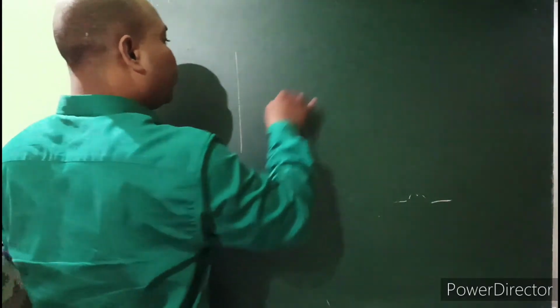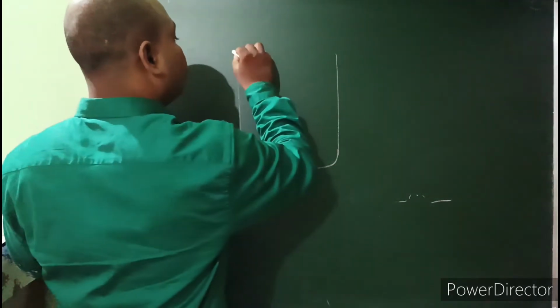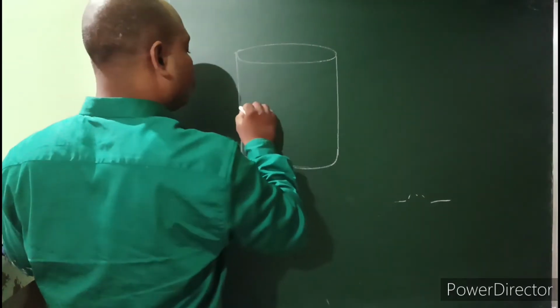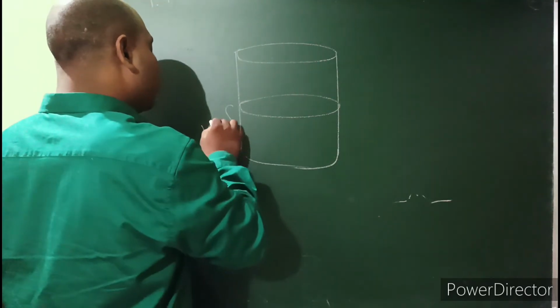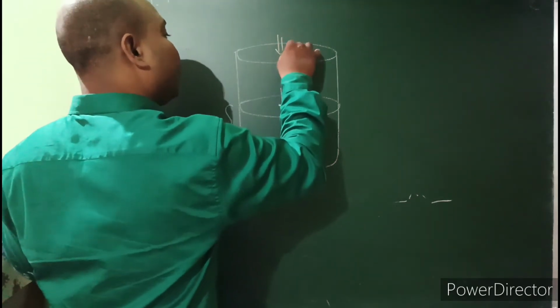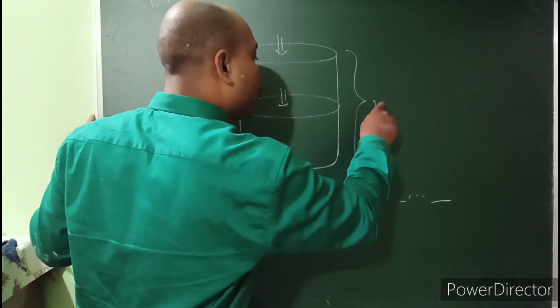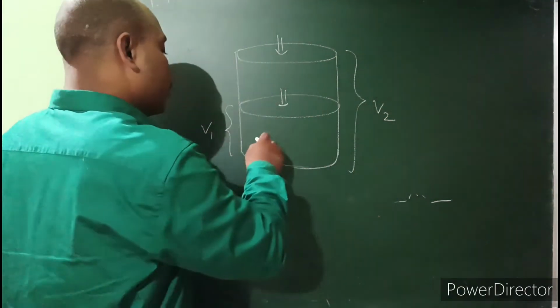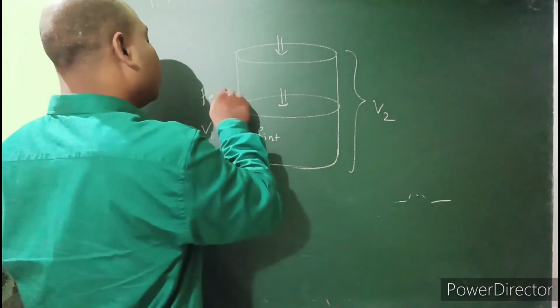Considering the same cylinder, here I am considering this is the initial volume V1 and this is the piston, same piston, weightless and frictionless, and this is your final volume V2. Here it is initially P internal and P external.